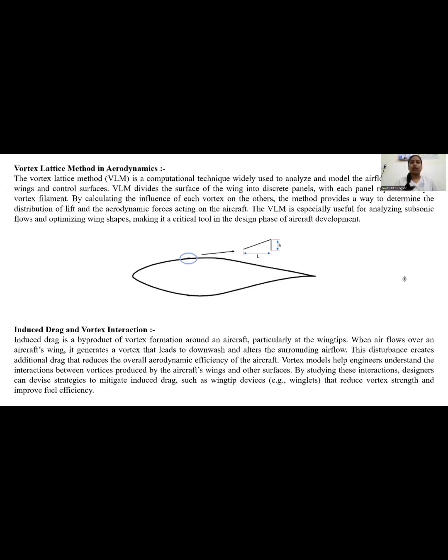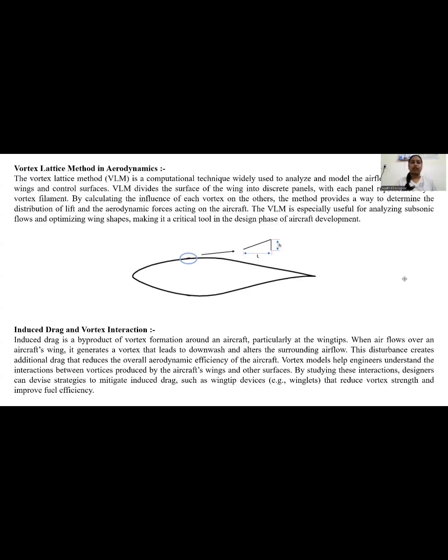computational technique widely used to analyze and model the airflow over aircraft wings and control surfaces. VLM divides the surface of the wing into discrete panels, with each panel represented by a vortex filament.